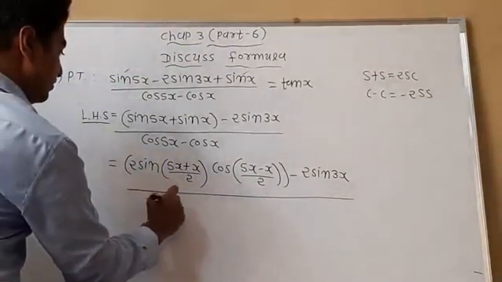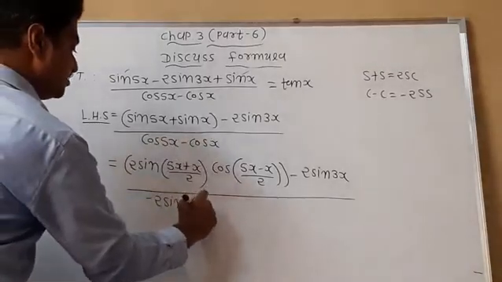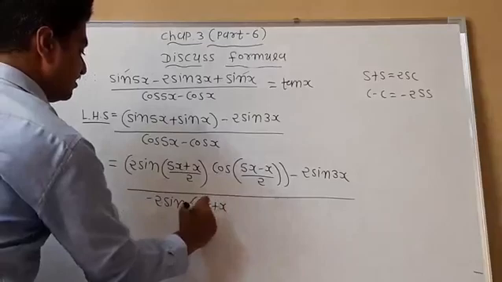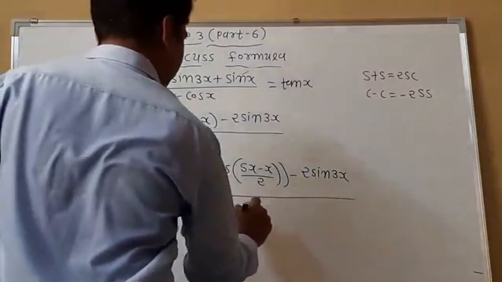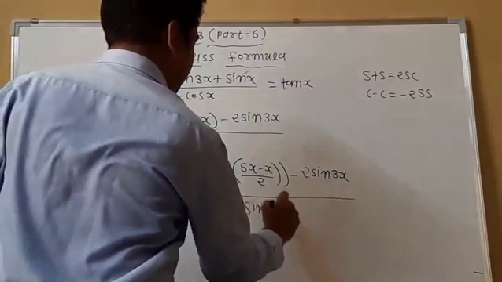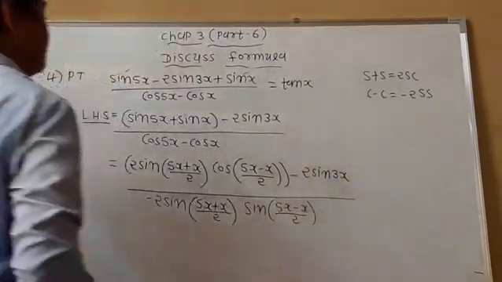So here written minus 2 times sine (5x plus x)/2 into sine (5x minus x)/2.